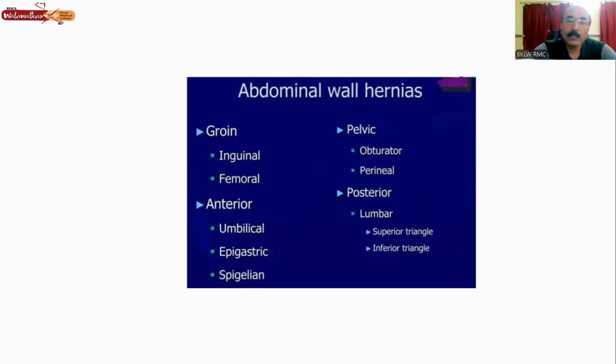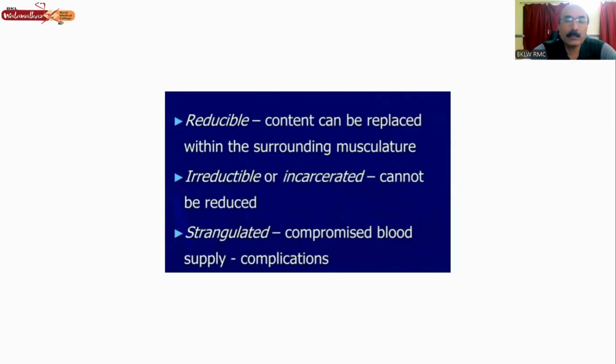In the anterior abdominal wall, we can notice umbilical hernia at the umbilicus, epigastric hernia, and Spigelian hernia. In the pelvic region, we can identify obturator and perineal hernias. And posteriorly, we can have lumbar hernias, such as Petit's hernia through Petit's triangle.